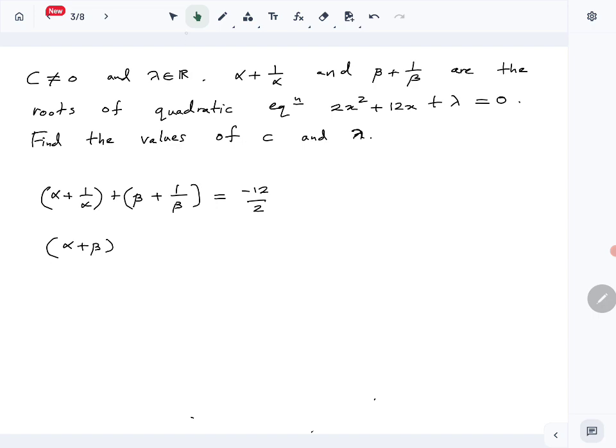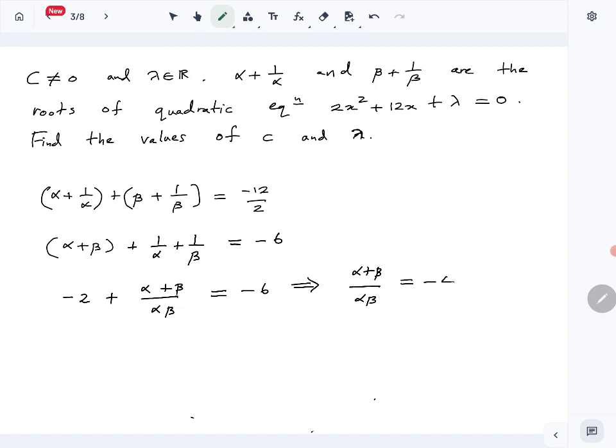So from here we have alpha plus beta plus 1 over alpha plus 1 over beta is equal to minus 6, and alpha plus beta is minus 2 from the previous section. Then let's simplify these two terms. You get (alpha plus beta) over alpha beta equals minus 6 plus 2, or (alpha plus beta) over alpha beta is equal to minus 4.